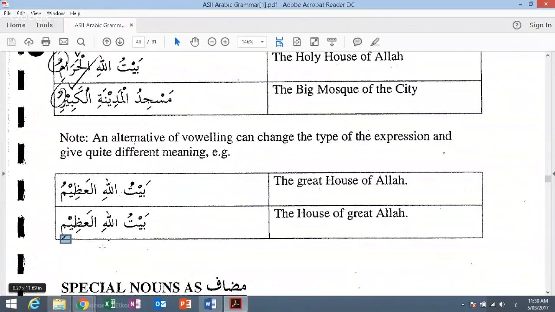So now the meaning will be like this. The house of Allahil Azimi. Great Allah. So now this great is sifa of Allah. In the first one, this great is the sifa of Baitu. So when you read, we have to think first: this one is going to be sifa of what?